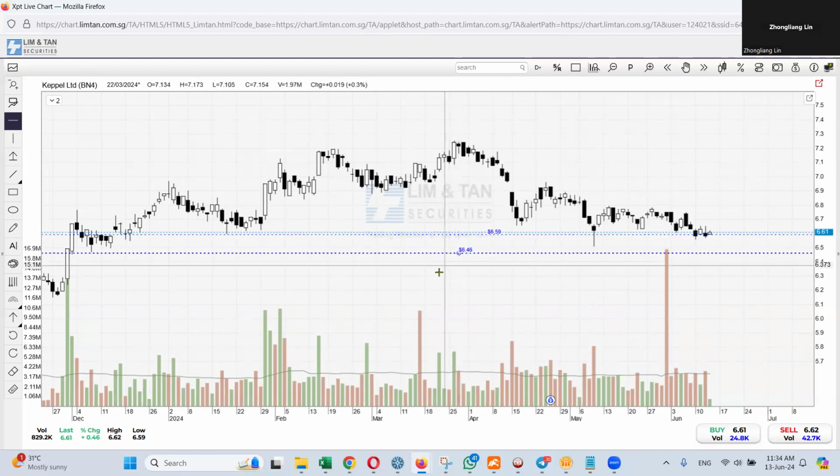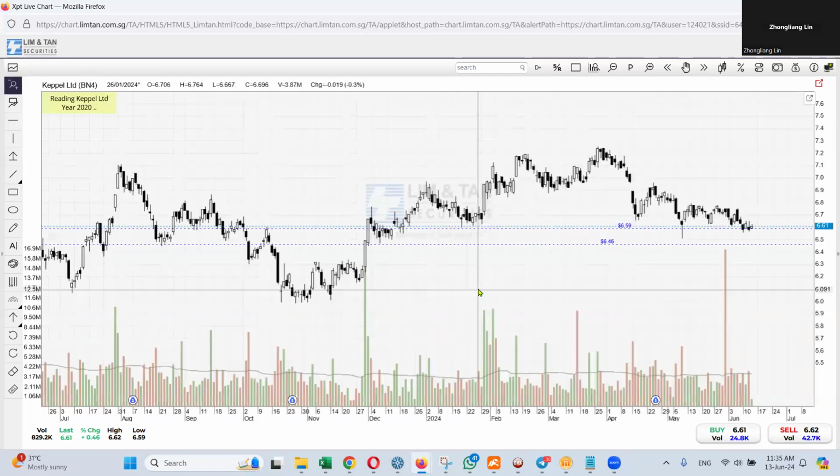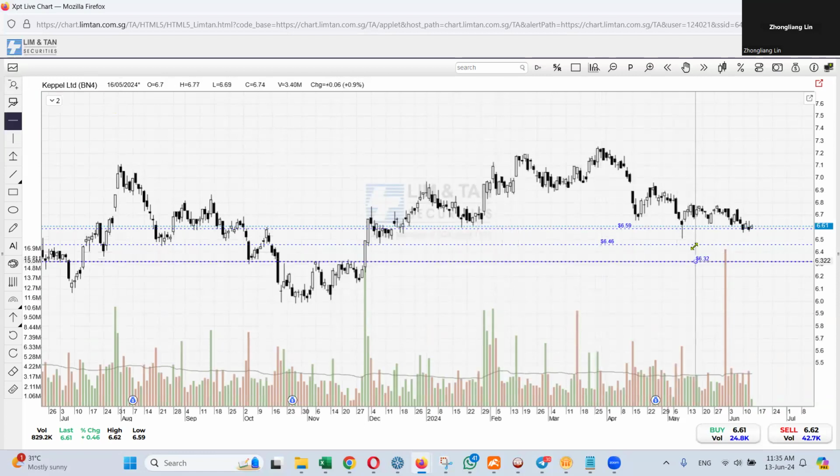If not, the next will be 646, then followed by 632, which was the previous resistance support. Overall, the Keppel chart looks topish because of the change of trend here, and you can see the mountain shapes over here. So the counter has a lot of things to be done, so we have to slowly watch where it's heading to. For the time being, it's more bearish than bullish.